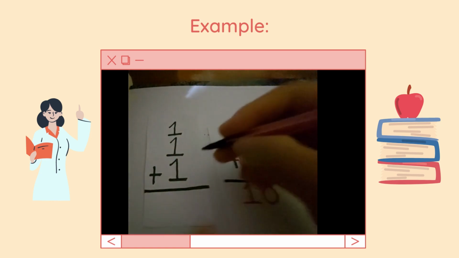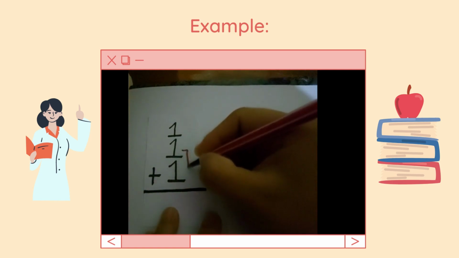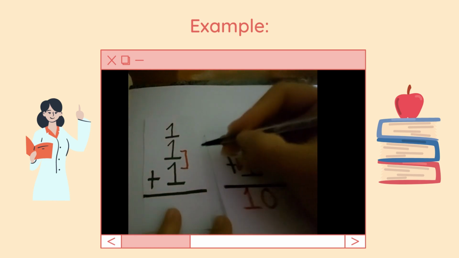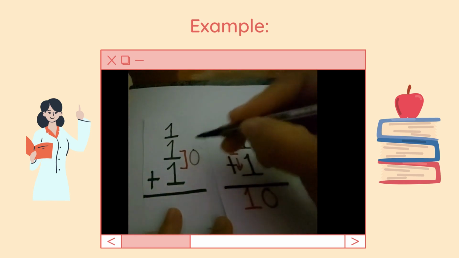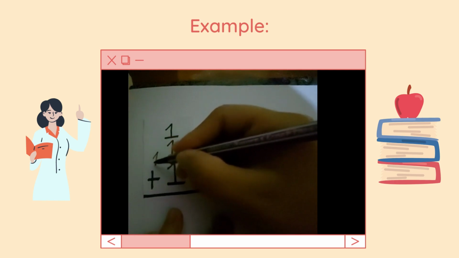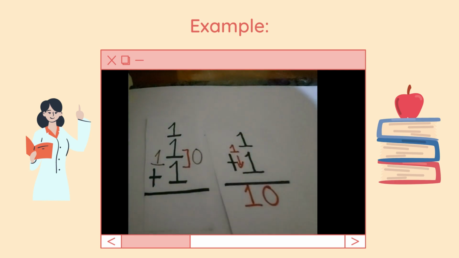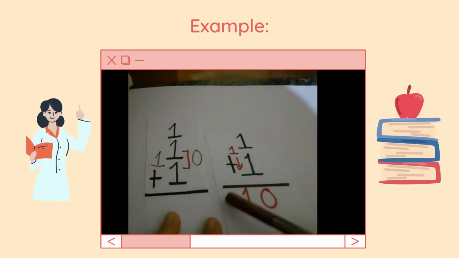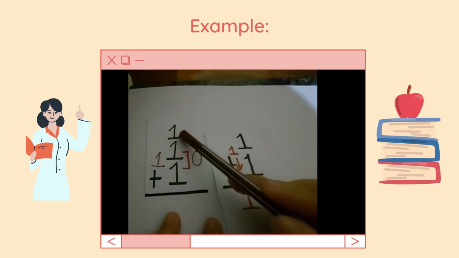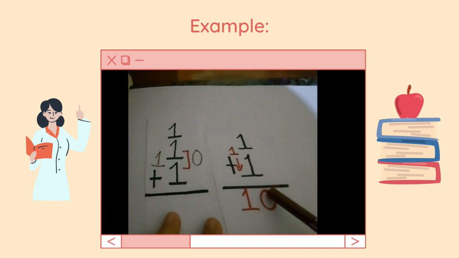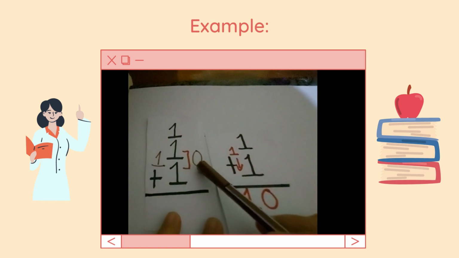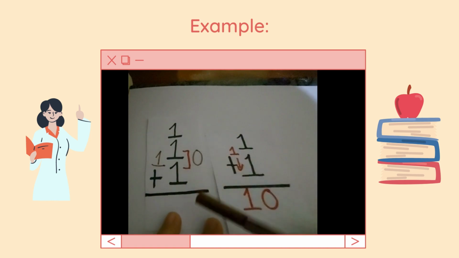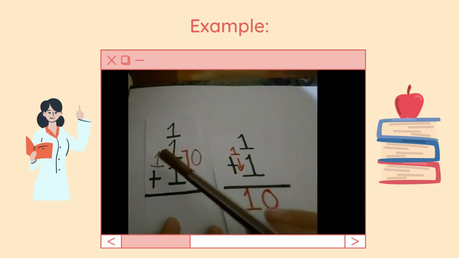Knowing that 1 plus 1 will give you a 0 with a 1 carry, we know that since we have the 1 over here, all we have to do is add this 1 to the 0 that was supposed to be here. So when we add this 1 and the 0, we get 1, and we bring down the carry 1, giving 11.